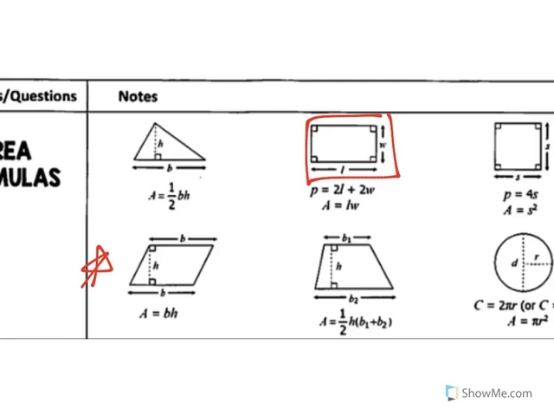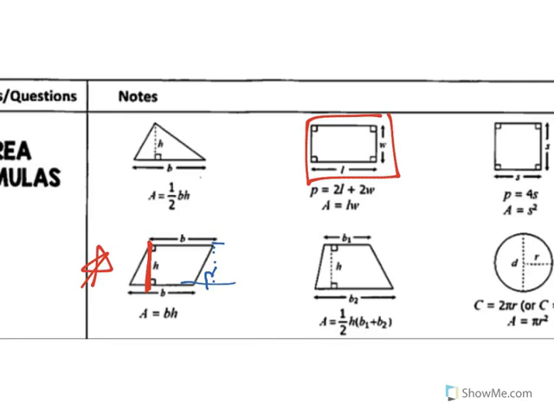So in this case, the height is an imaginary line inside of your parallelogram, and then it's perpendicular to either of the bases. So sometimes the height can be on the inside, and then sometimes it'll be drawn on the outside and kind of look like that. Dotted line and a right angle on the outside.